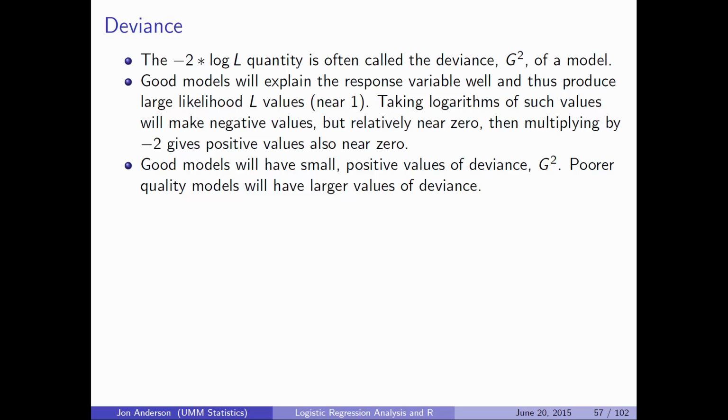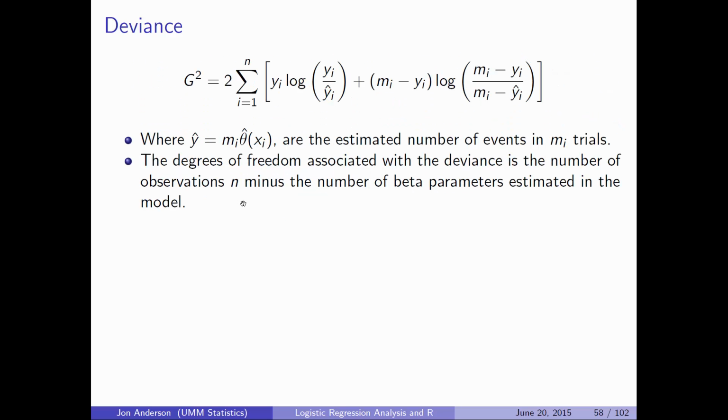Bigger values of deviance will indicate a poorer, less fitting model. Small values of deviance will indicate a better model. And so here is a mathematical expression for what deviance is in logistic regression in binomial likelihood functions.